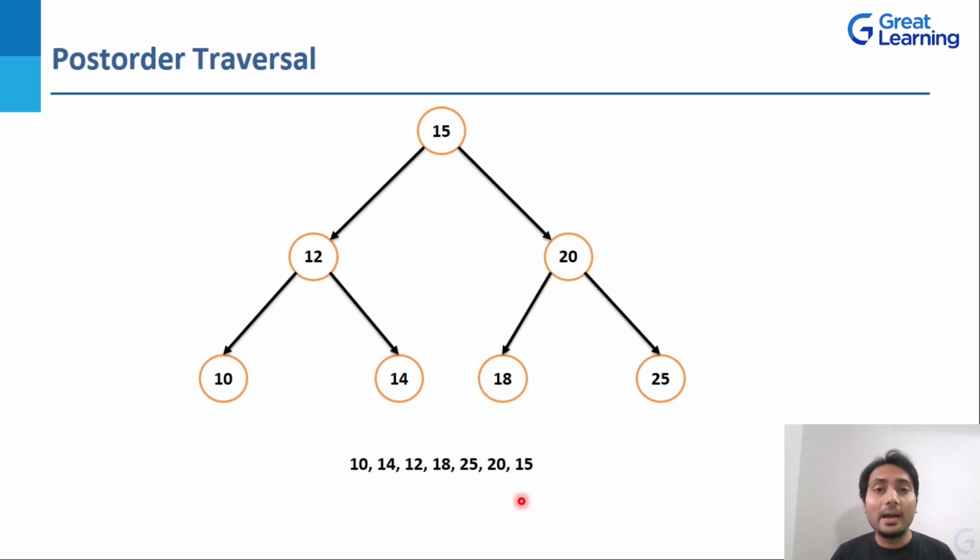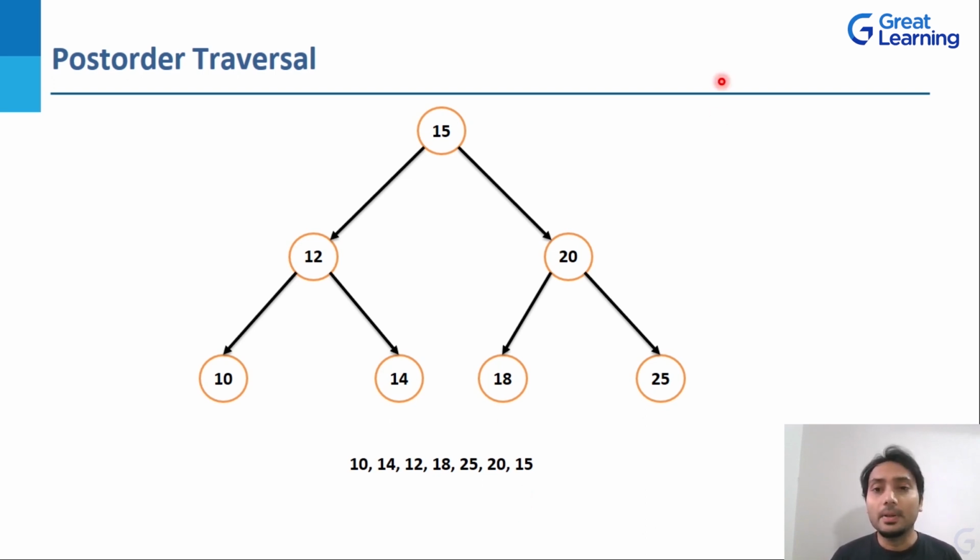Then we also have two more uses. One more use is whenever you want to delete the nodes of a tree, then you can use post order traversal. And again, we will see the expression tree as an example. How do we traverse an expression tree with a post order traversal? So that you have a better understanding of this particular method.